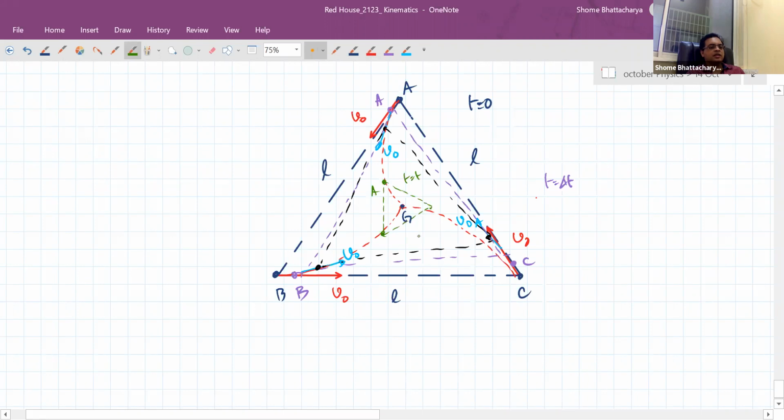But the interesting thing about this triangle is that always the relationship between their individual velocities, how they are linked to each other, that is always constant. So you can see that at any point of time, t equal to t, if you look at any two of the particles, any pair of particles, either A and B or B and C, they will have a relationship like this, that they have an approach velocity which is constant.